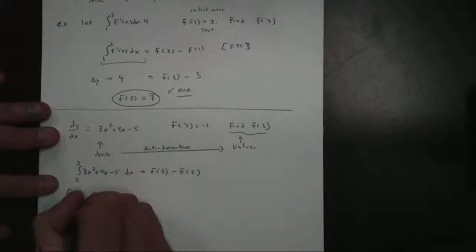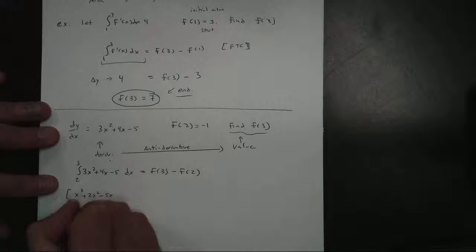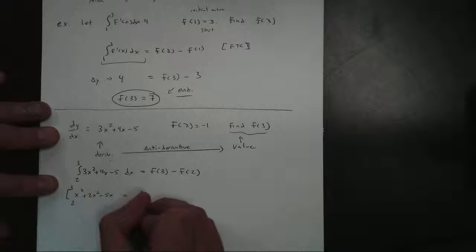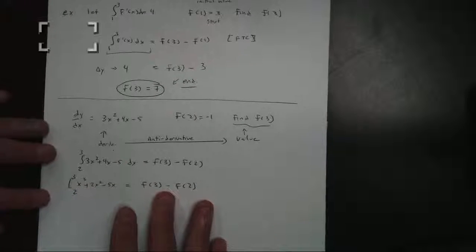Integrating, we get x cubed plus 2x squared minus 5x from 2 to 3. And again, that's going to equal f of 3 minus f of 2. Okay, focus again.